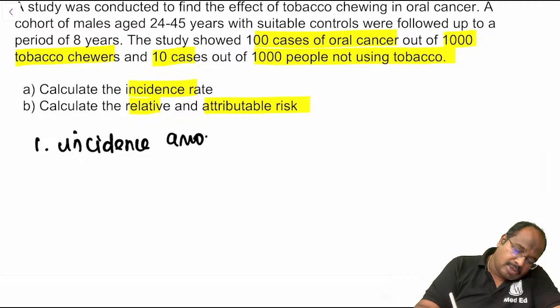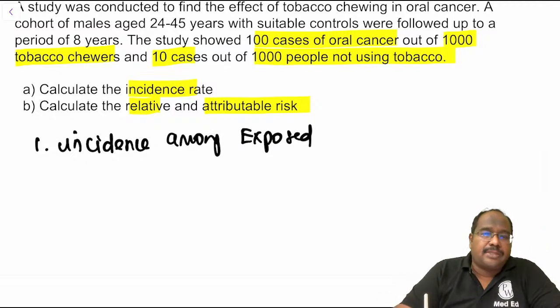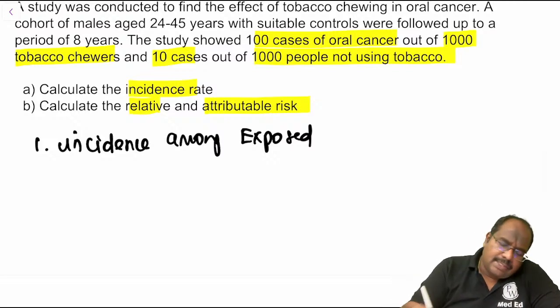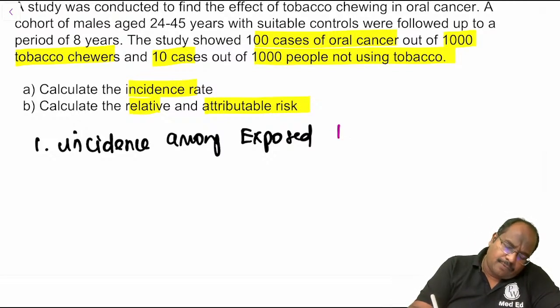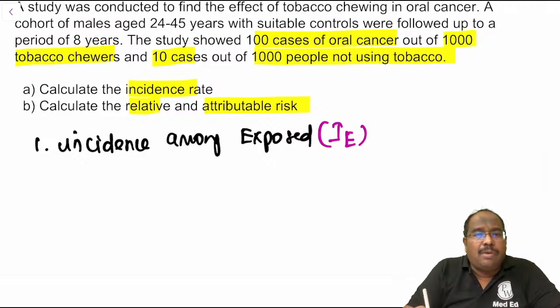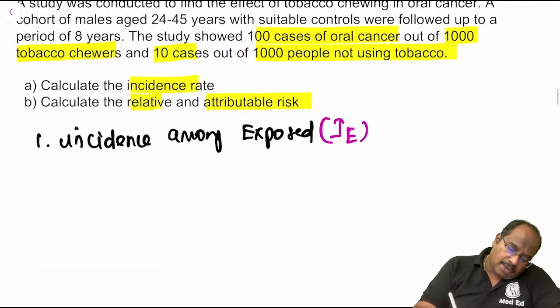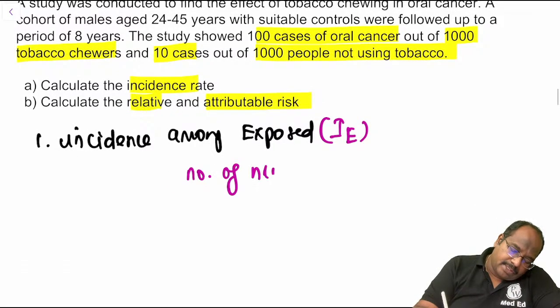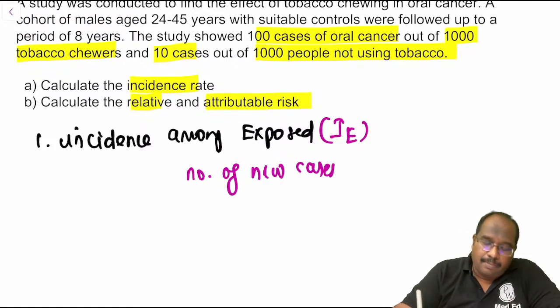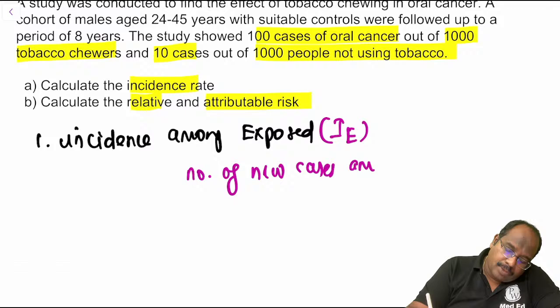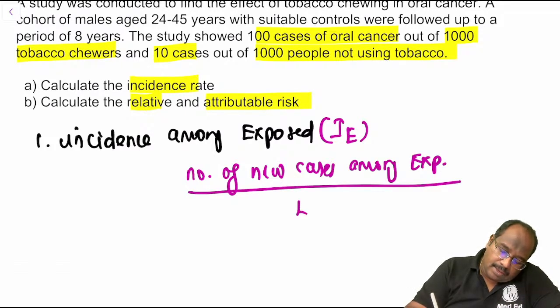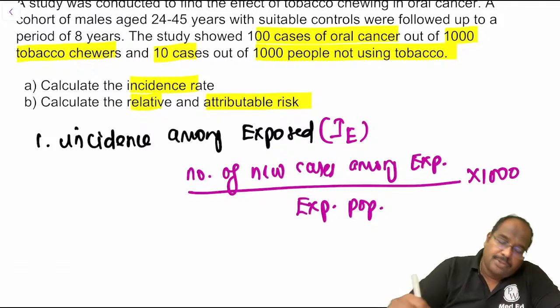First, incidence among exposed is number of new cases among exposed by exposed population multiplied by 1000.